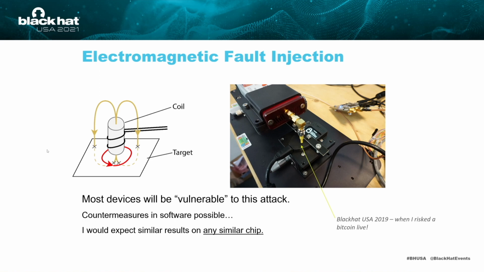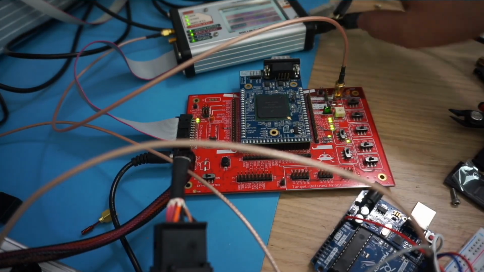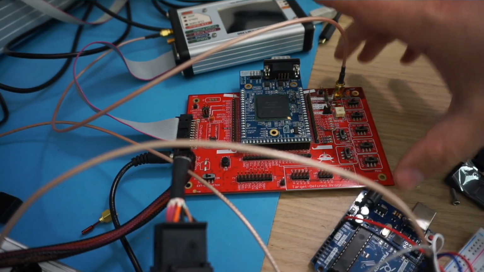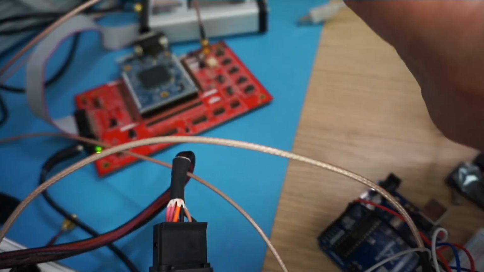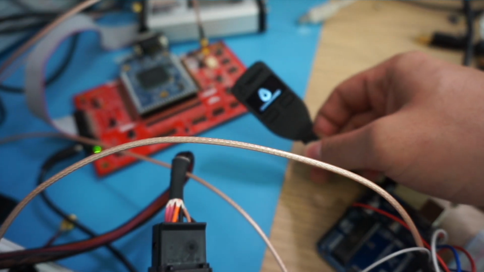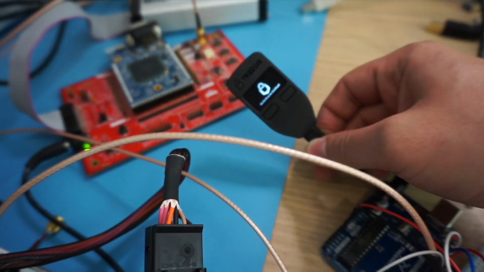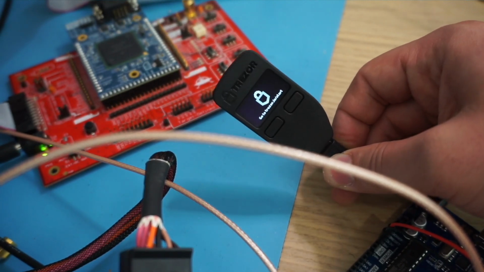But I can show you a quick rehash of what that looks like. I'm just going to move that other stuff out of the way a little bit. And we have your Trezor. Let me zoom in on that. I haven't really set it up yet.